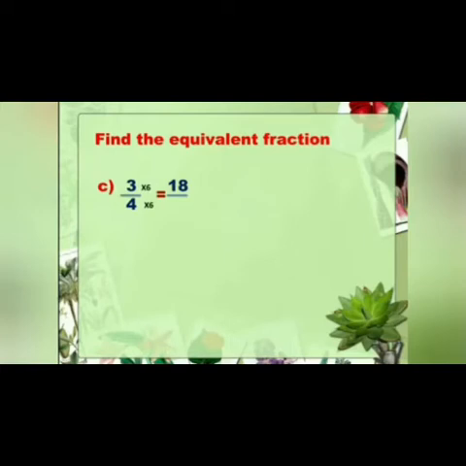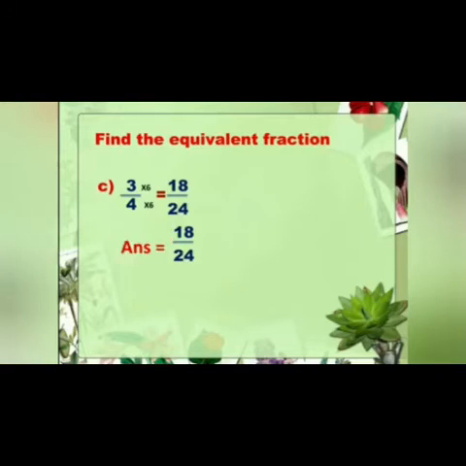Yes, 3 6s are 18. In the numerator you multiplied by 6, so in the denominator also you have to multiply by 6. So 4 6s are, 4 4s are 16, 5 4s are 20, then 6 4s are 24. At last, the answer is 18 by 24.